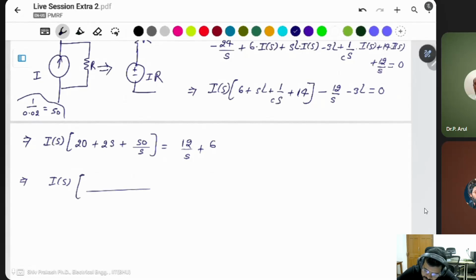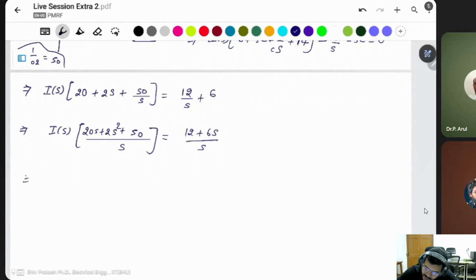Take an LCM as S, this will be 2S square plus 20S plus 50 is equal to, you can take S common here also, 12 plus 6S. S will cancel out, then IS is 12 plus 6S divided by 2S square plus 20S plus 50.